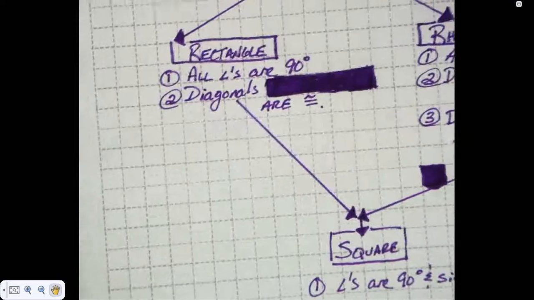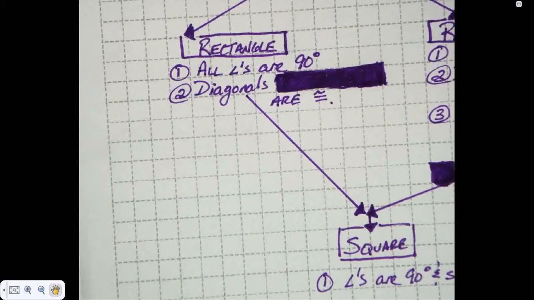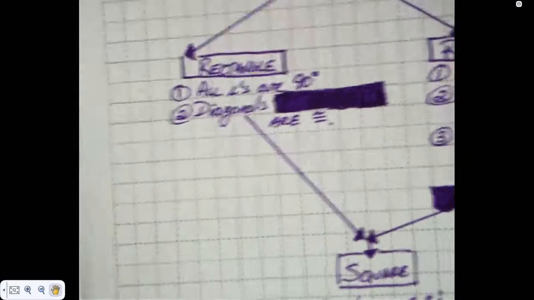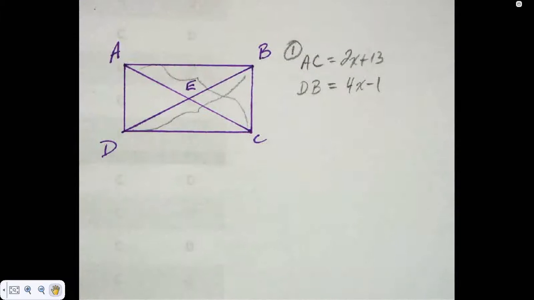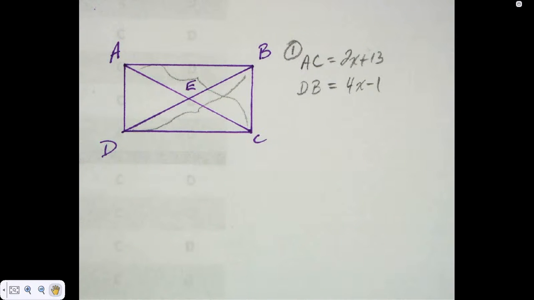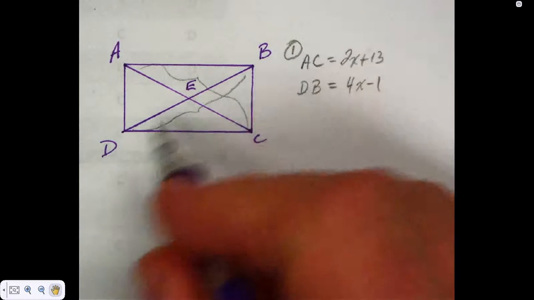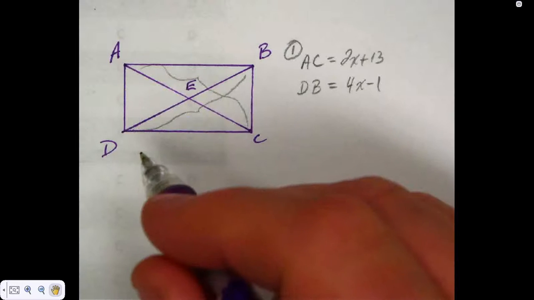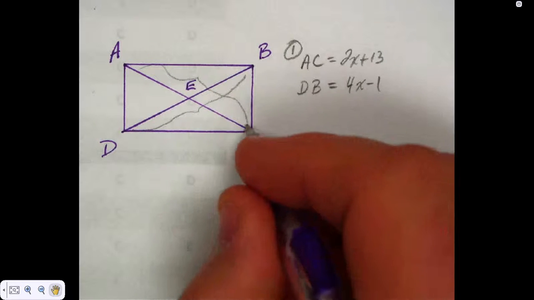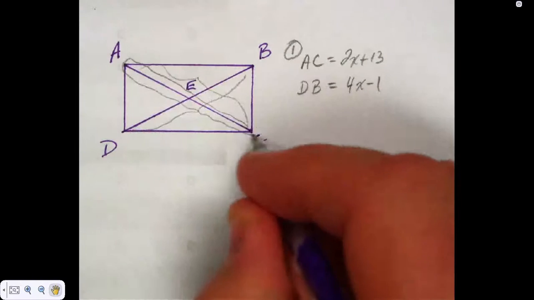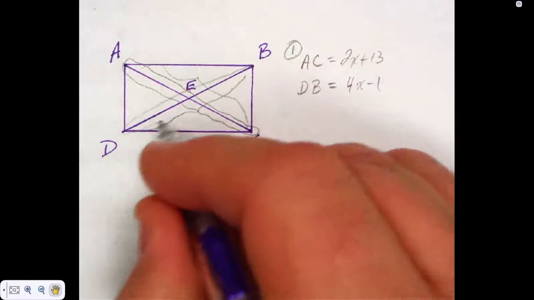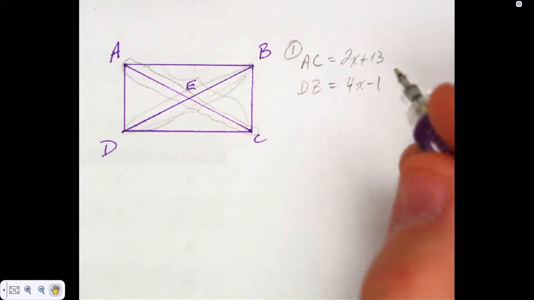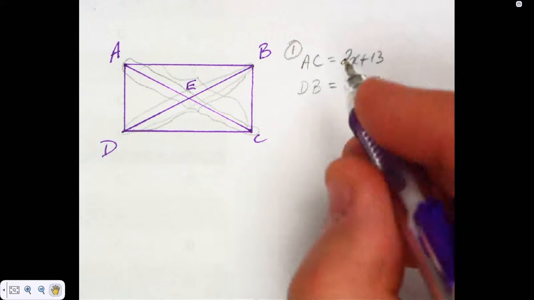So let's go down to see what they say about a rectangle. Diagonals are congruent. Does that help me? Why? No, I said the diagonals are congruent, right? So that means this whole distance is equal to what? This whole distance. Okay? So what's equal to what?